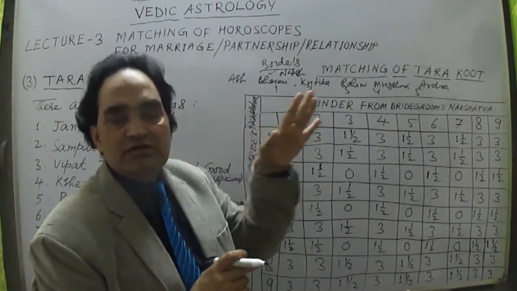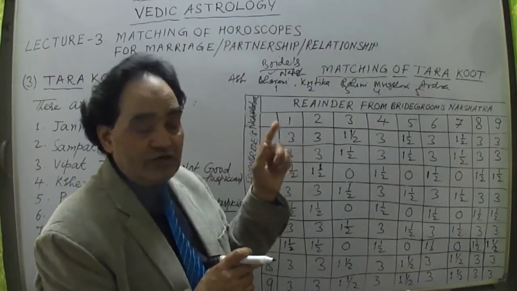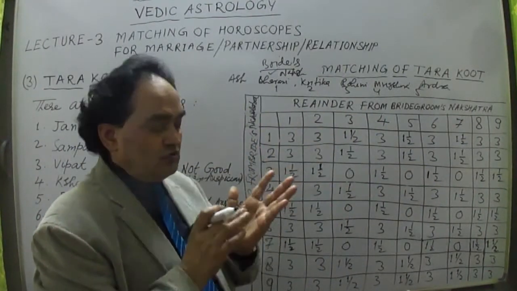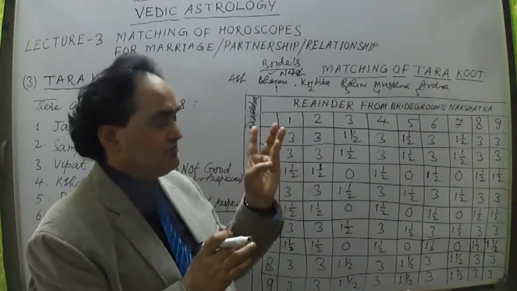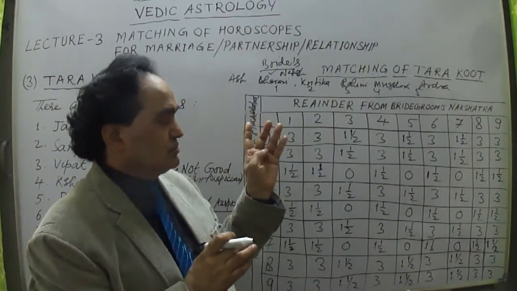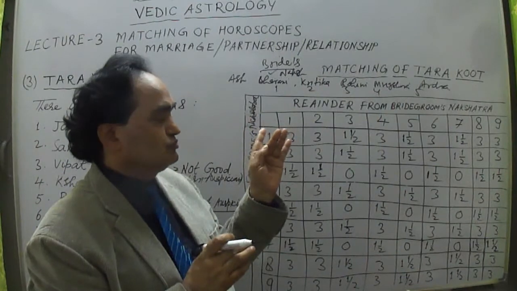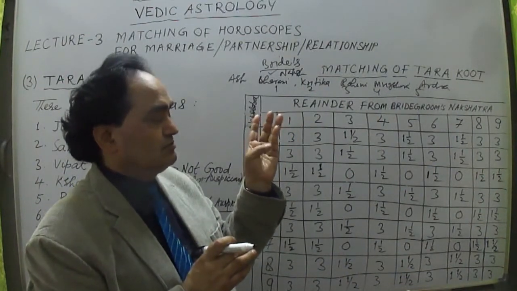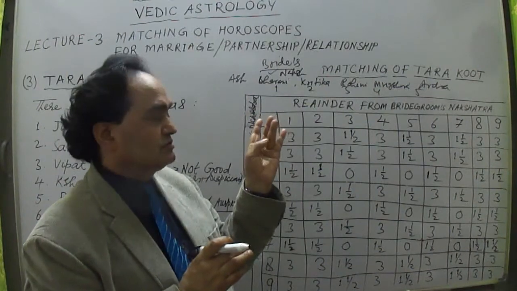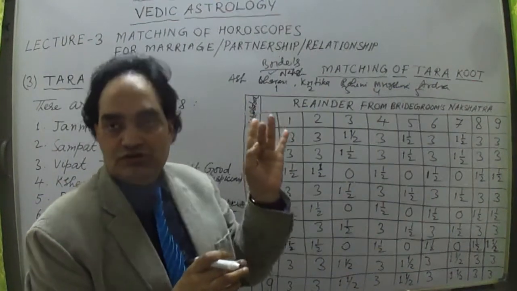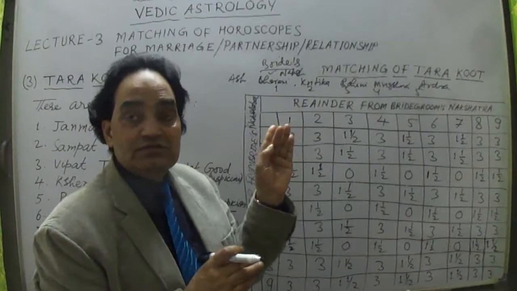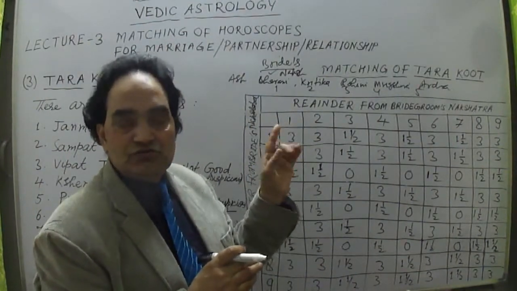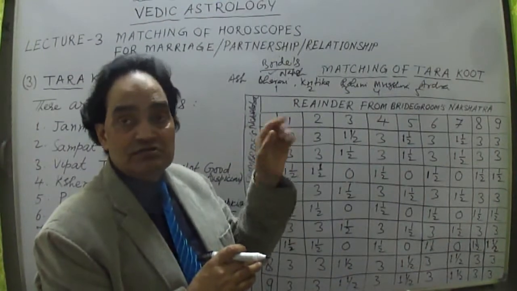Now, the bridegroom's nakshatra is Anuradha. What is the number? Ashwini, Bharani, Kritika, Rohini, Mrigashira, Ardra, Punarvasu, Pushya, Aslesha, 9. Then Magha, Purva Phalguni, Uttara Phalguni, Hasta, Chitra, Swati, Vishakha, Anuradha. Now 9 plus 8 is the 17th one.